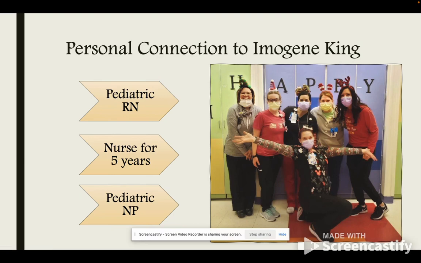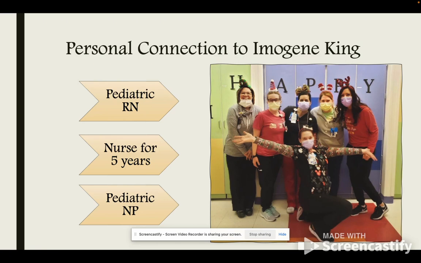All right, so a little bit about me is that I've been a nurse for roughly 5.5 years. I've spent time in many different fields, and a common theme I've found is the care plan. I have found Imogene King's theory laced throughout my time as a nurse in all areas of nursing. Mutual goal setting is important down to the smallest of tasks.